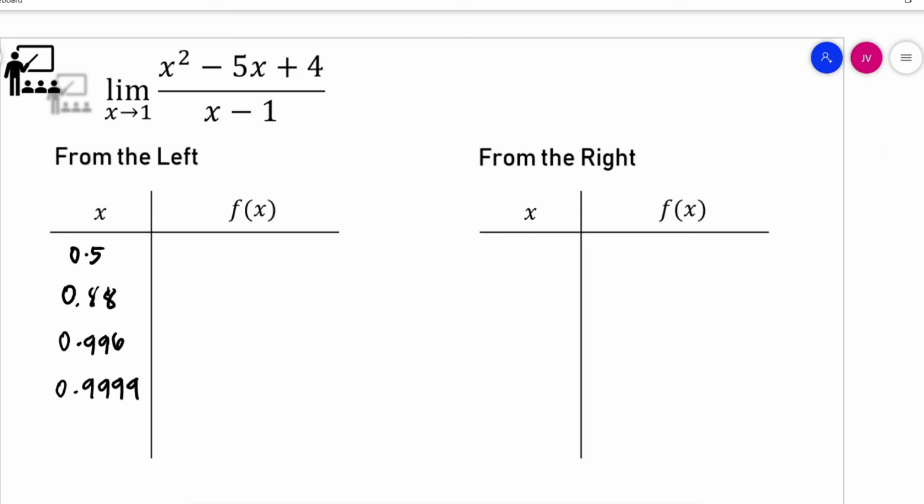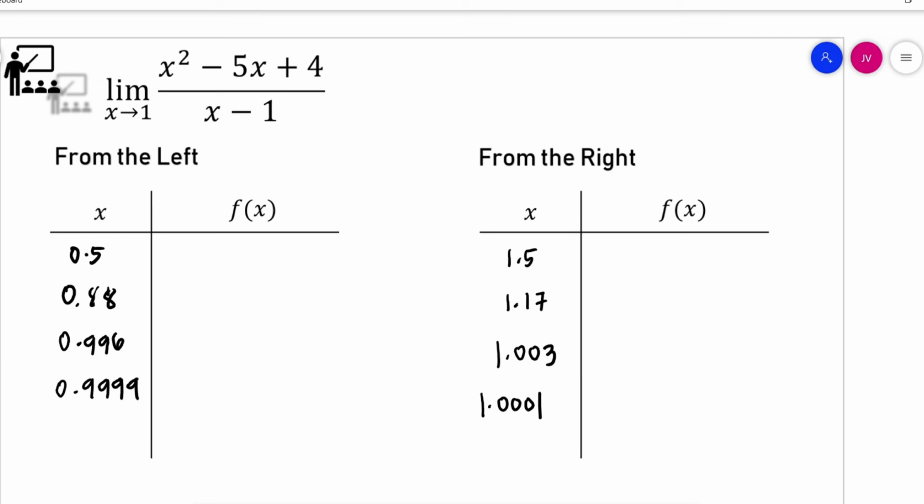Ayan. And also, dito naman sa right side, pwede nating magamit si 1.5, 1.17, 1.003, 1.0001. So kung mapapansin mo, approaching yung value natin ng x to 1, both left and right hand limit.